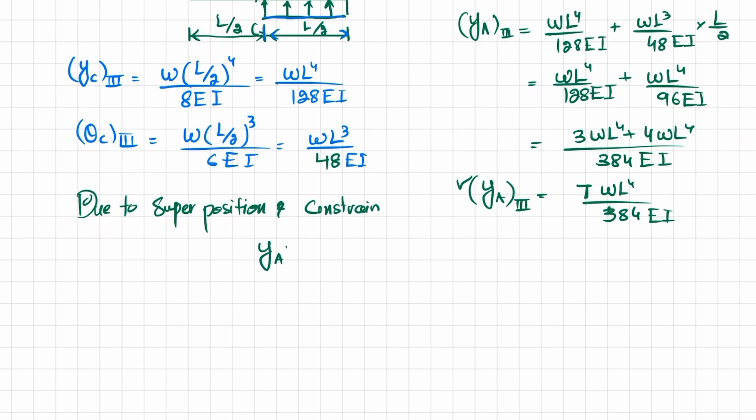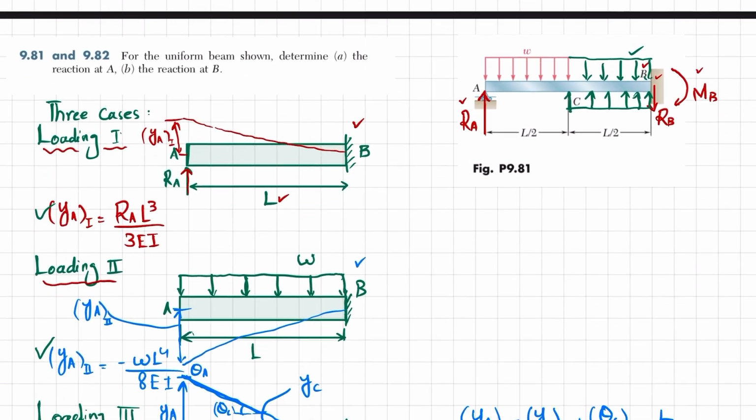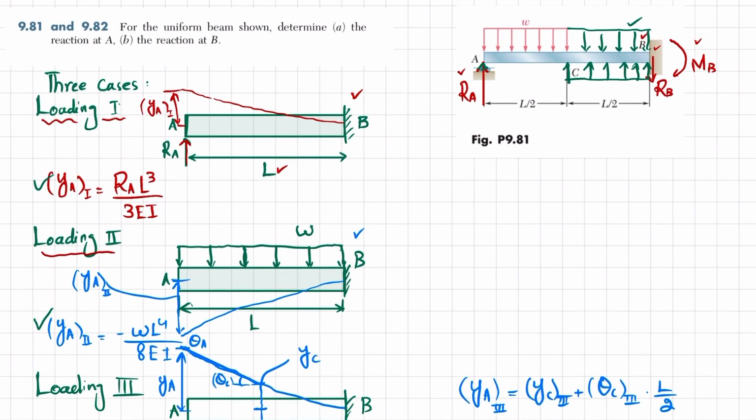So YA1 plus YA2, not 3, 2, plus YA3 is equal to YA. And again you can see that in the start this is a simple support, so due to this loading the beam will deflect like this. I will show you. It will deflect like this. Clear?